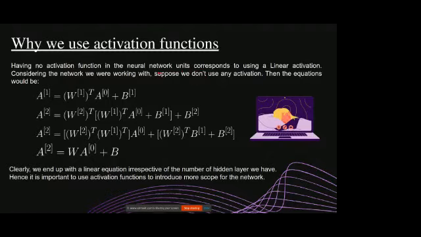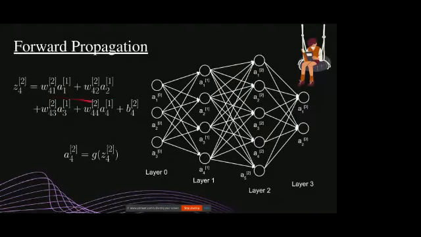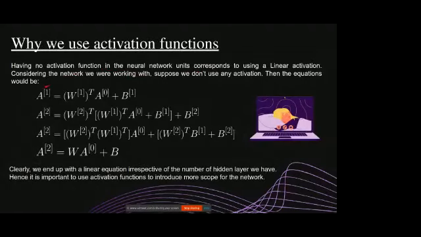So if we do not use activation, this is the first layer that we saw here. We calculate the activations of the first layer by multiplying the weight matrix of the first layer with the inputs and adding the bias. For the second layer, it's the same process that we saw, multiplying the weight matrix with the input to the second layer plus the bias.